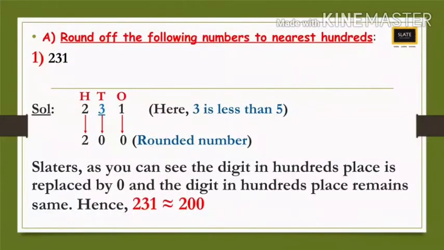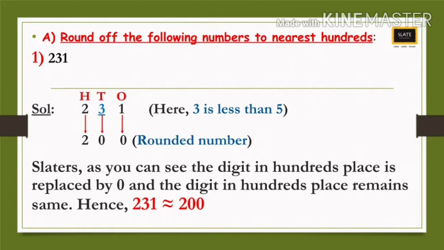So children, the question is: round off the given number to its nearest hundred, and the number is 231. In the number 231, what is the digit in the ones place? 1. As we are comparing the tens place digit, the ones place digit will always be replaced by 0. So 1 became 0 now.